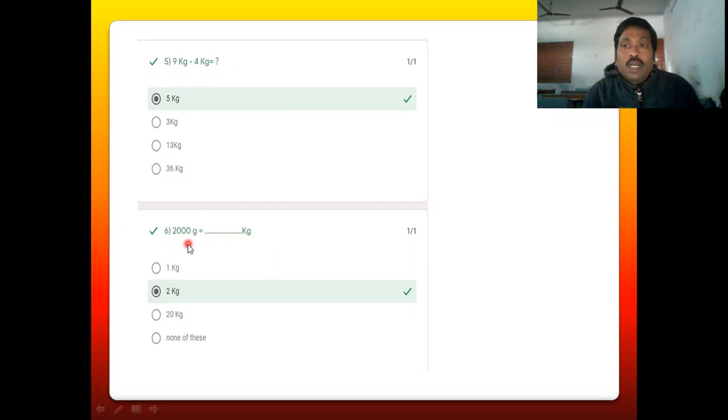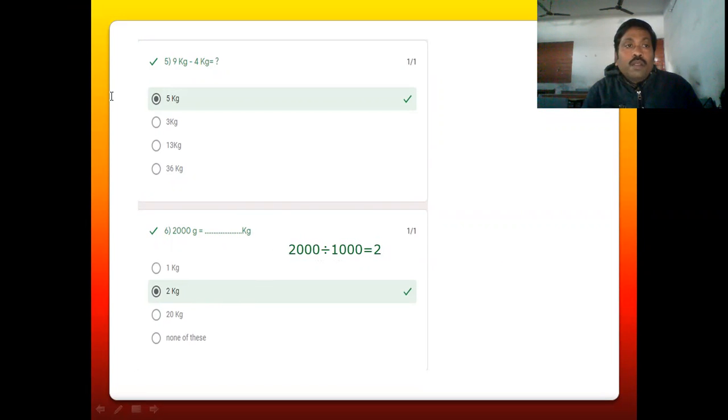To convert gram into kg, we will divide 2000 gram by 1000, because 1000 gram is equal to 1 kg. When we divide 2000 gram by 1000, it makes 2. It means our answer will be 2 kg.